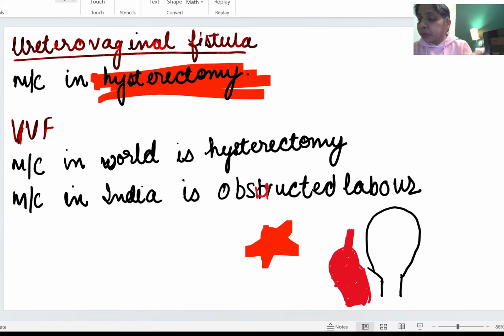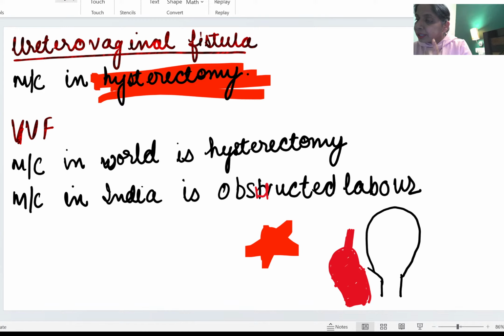Water under the bridge, you know, right? At the time we clamp the uterine artery, by mistake we sometimes ligate the ureter. So the ureter is in the peritoneal cavity, and peritoneal procedures, especially hysterectomy, are at risk of ureter injury or ureterovaginal fistula.